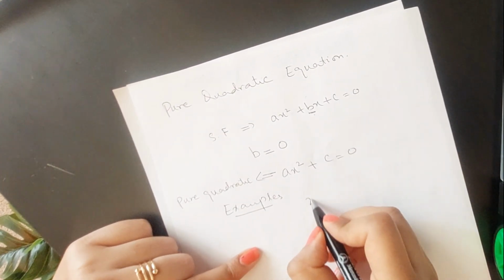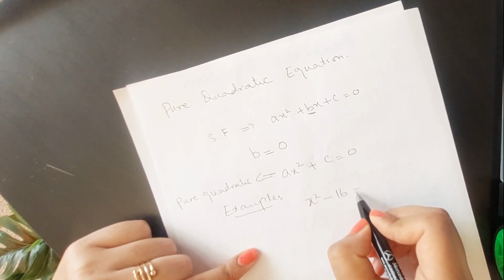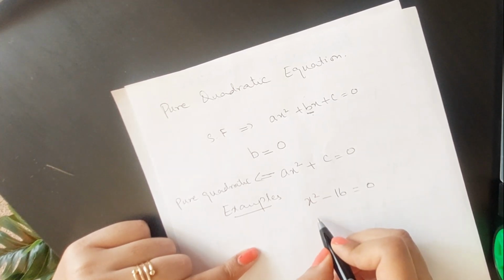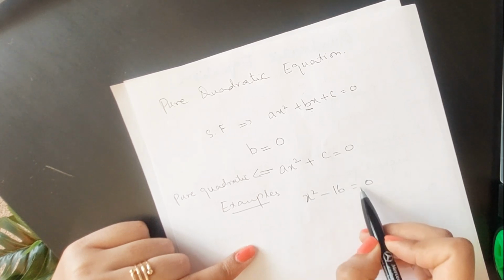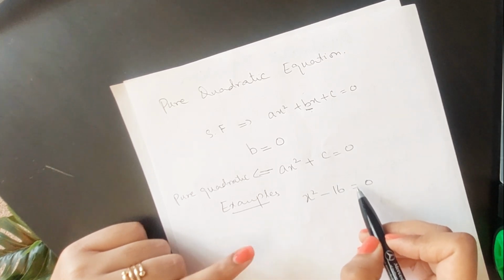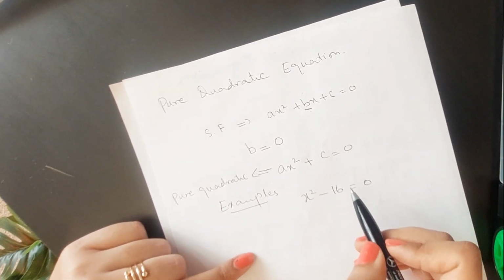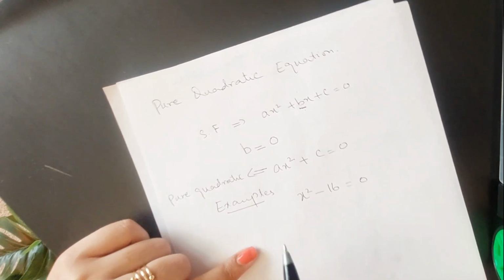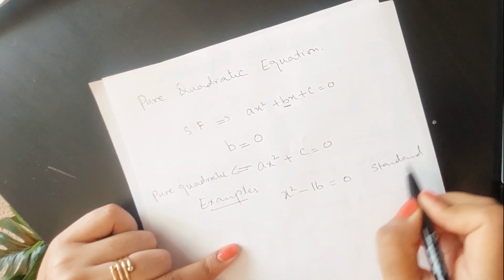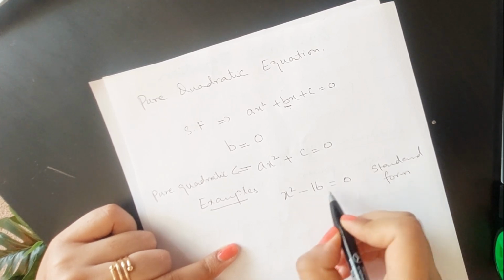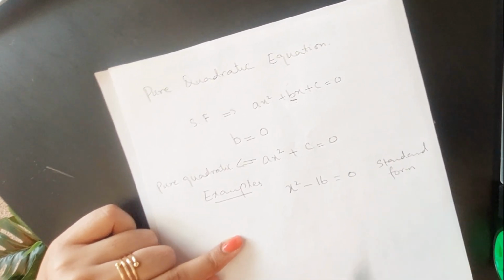Let's take x square minus 16 is equals to 0. Now you can see I've given you the example x square minus 16 is equals to 0. So you have to tell me, is this in standard form or not? Yes, this is in standard form. Why? Because this equation is equals to 0.